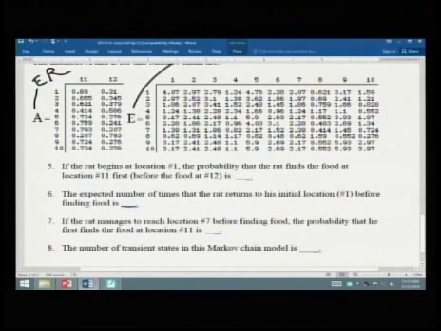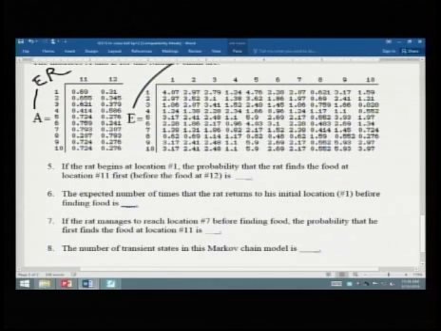Now, we should be able to answer the following 4 questions. Number 5: if the rat begins at location number 1, what is the probability that the rat finds the food at location number 11 first, before the food at location number 12? So how do you answer?